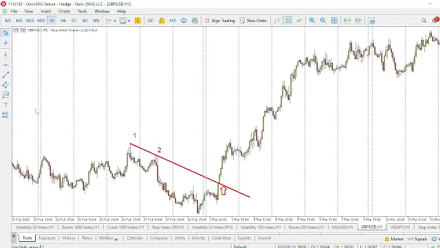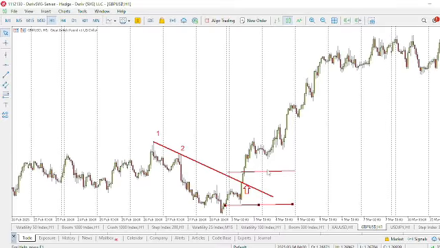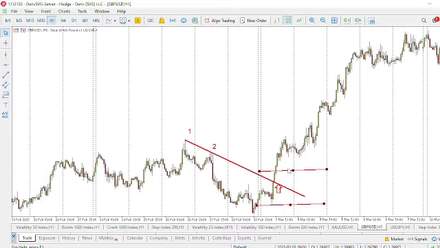So if you are trailing this stop loss, your entry is somewhere around here and your stop loss is somewhere around here. As soon as the price moves up a little bit, what do you do? You shift your stop loss to your entry.